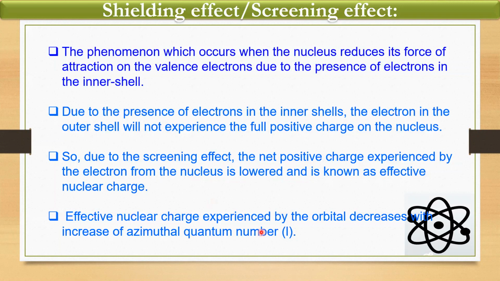The effective nuclear charge experienced by the orbital decreases with an increase of the azimuthal quantum number, that is l. As the number of orbitals increases, they create a shielding effect, and due to that, the effective nuclear charge of the orbital decreases.